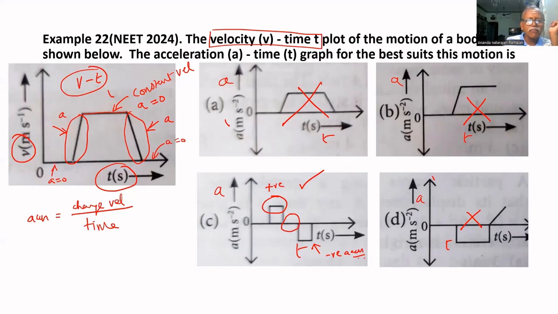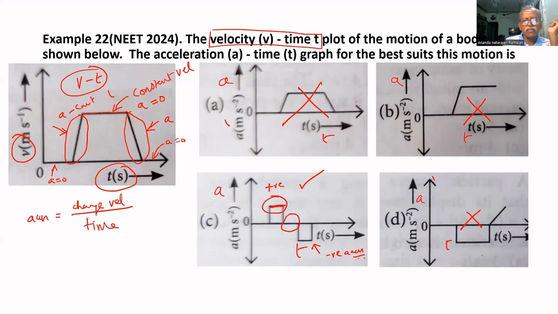Here, velocity linearly increasing. If it is a straight line, acceleration is constant. Here, the acceleration is constant. Here also, the velocity is linearly decreasing, straight line, decreasing, retardation.